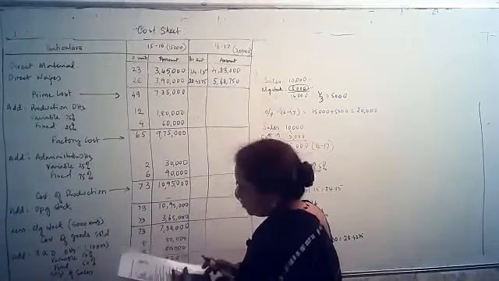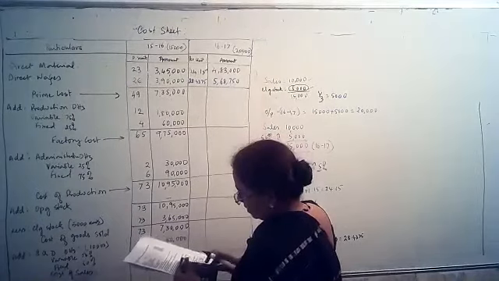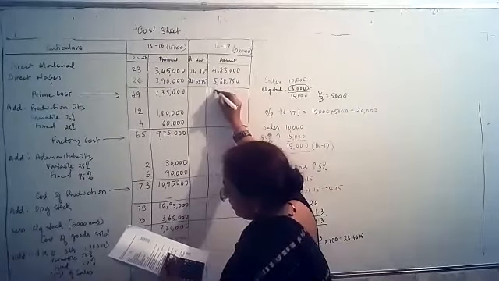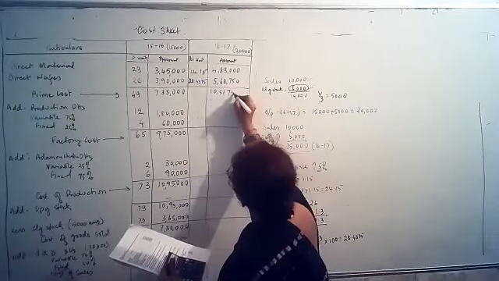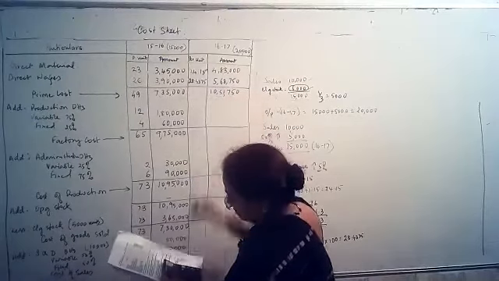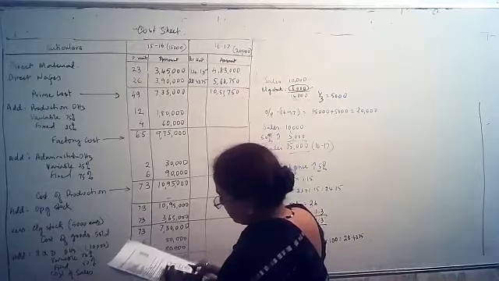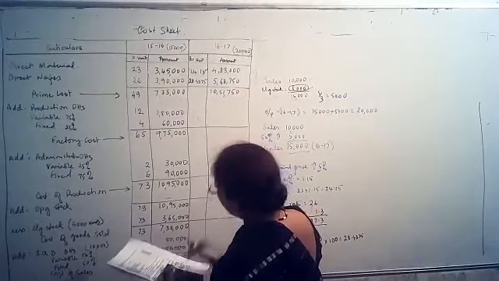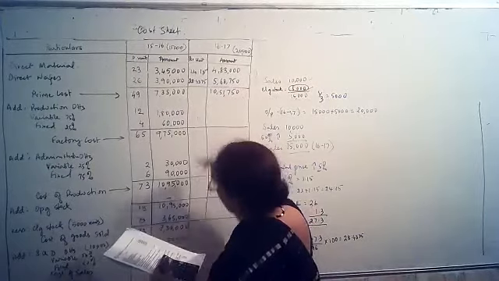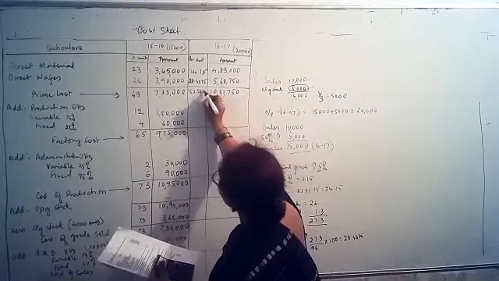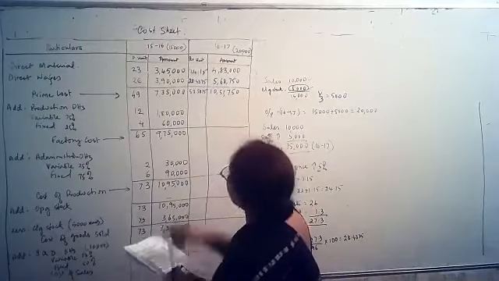So add this with the material cost, which will give me 10,51,750. So this comes to 24.15 plus 28.4375, which will give me 52.5875. So I have come till here.